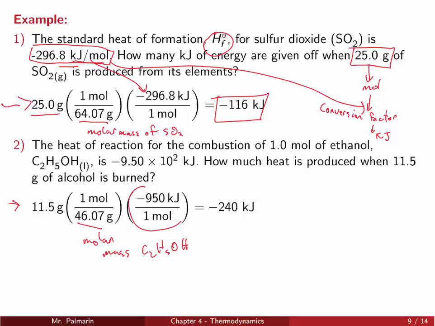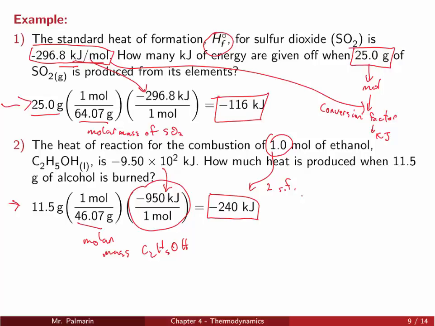Here's your conversion. I didn't write it in scientific notation. A bit easier to write in the numerator without it, but same thing, and you get your heat. By the way, this is rounded to 2 significant figures. It's a bit cheeky, but I did give this explicitly to 2 sig figs. So that's why we rounded to 2.